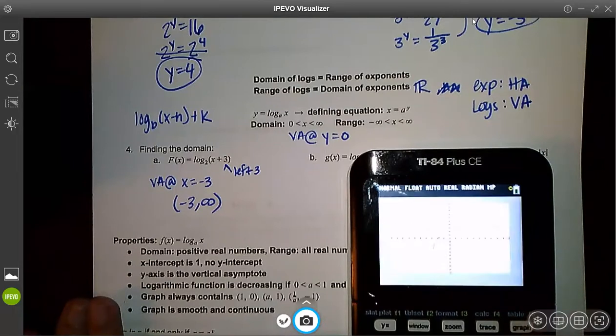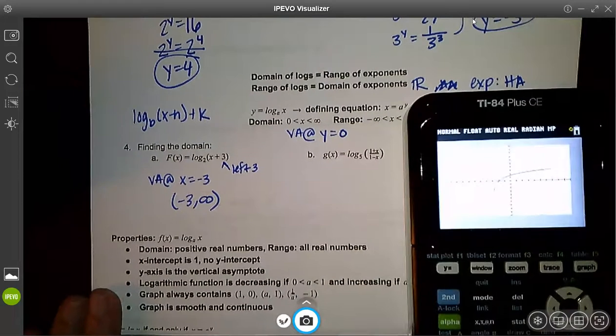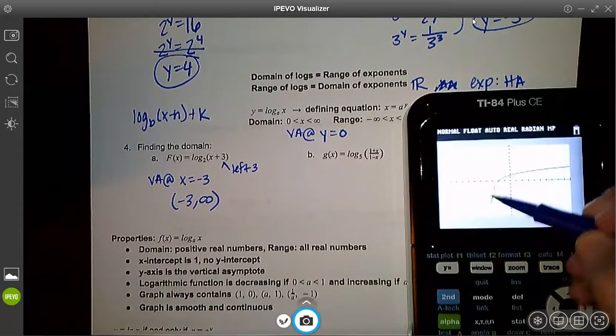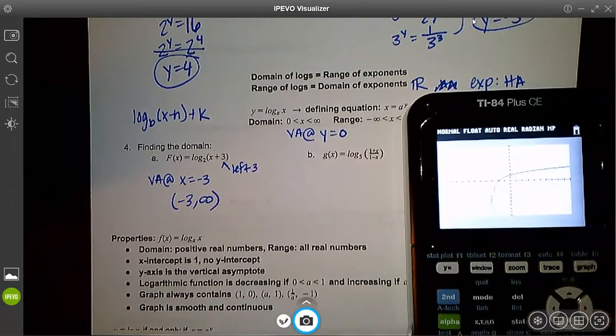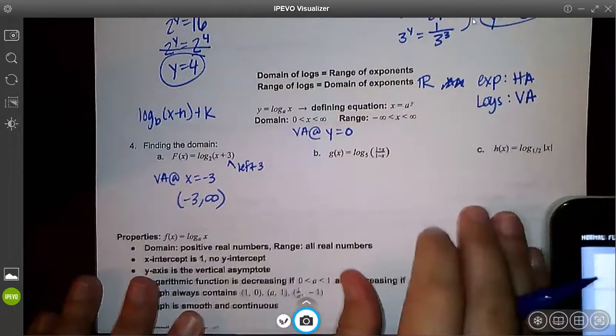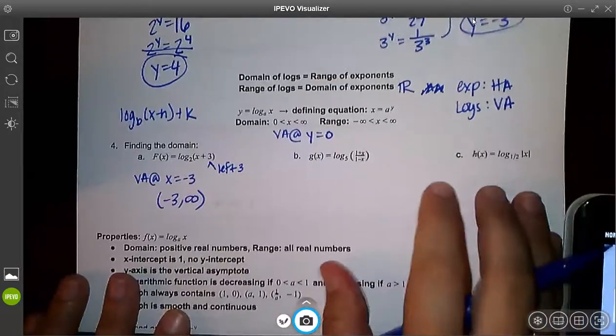And then graph it. Now your calculator is not as accurate as your eyes, as it can only zoom in so far. This does not stop. It does keep going down. It's just going to approach that asymptote. You can see that better on Desmos.